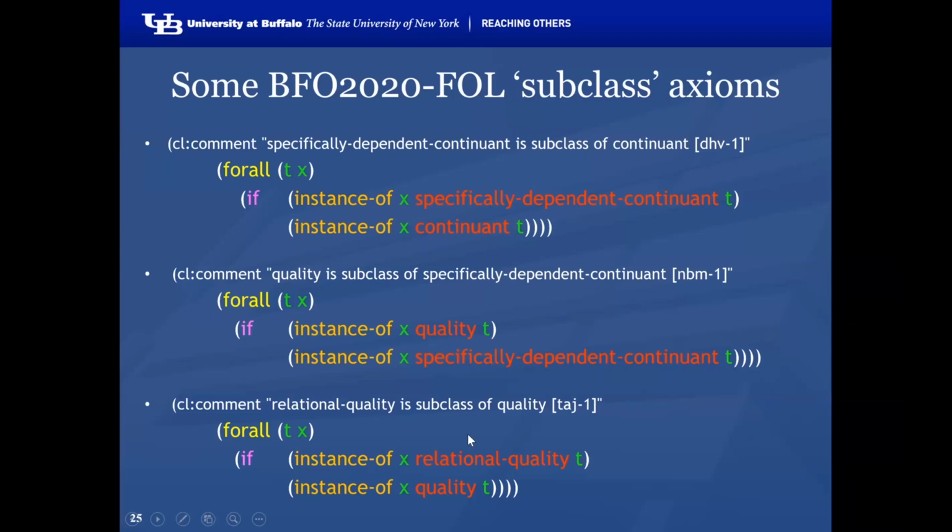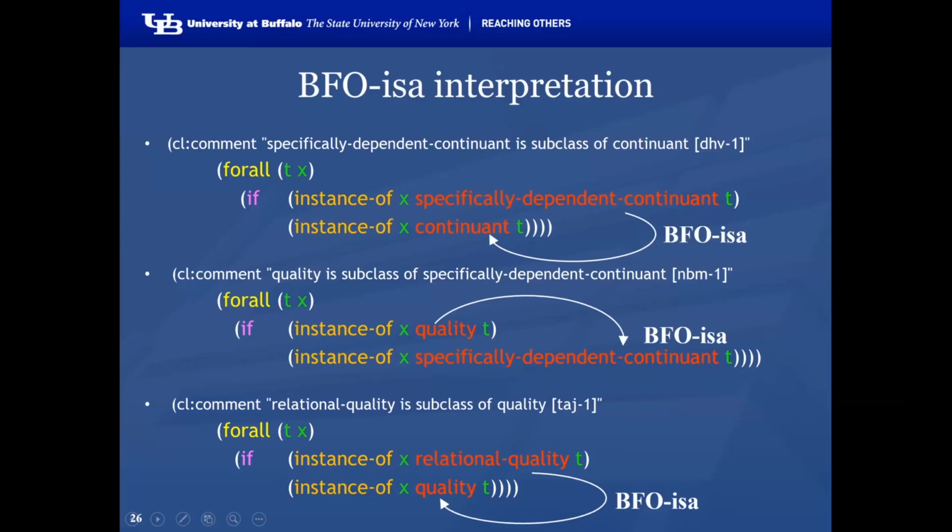And the same for quality and for relational quality. If you interpret that, you can indeed say that a specifically dependent continuant is a continuant, that a quality is a specifically dependent continuant, and that a relational quality is a quality. But mind you, time indexed.